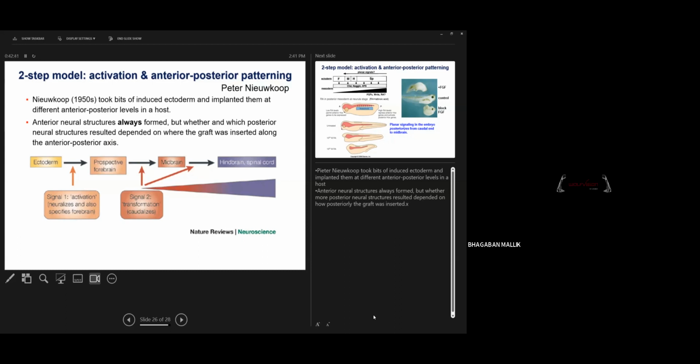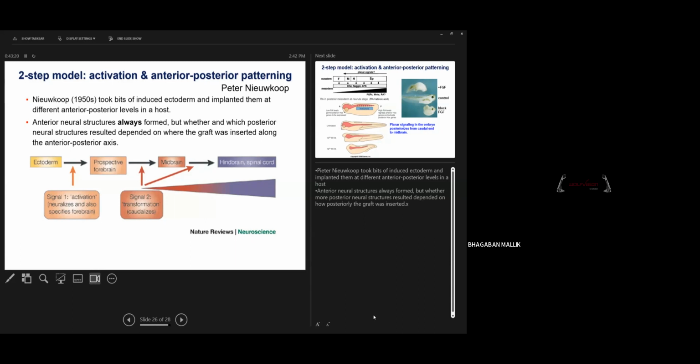In the activation model, the activated ectoderm develops into forebrain, the anterior portion of the nervous system, because of the action of noggin, chordin, and follistatin. But the posterior portion, the hindbrain or the spinal cord, develops through the action of planar signals. Those planar signals are the Wnt signal, retinoic acid and other signals I'll talk about soon.